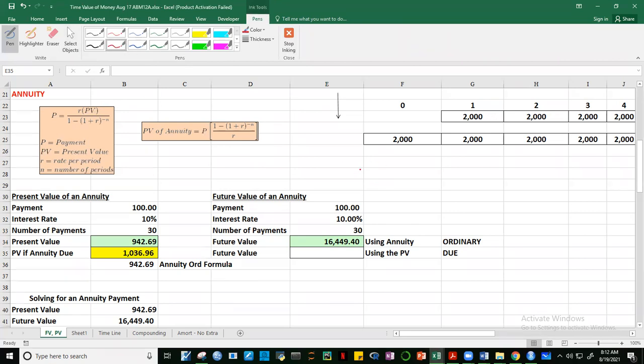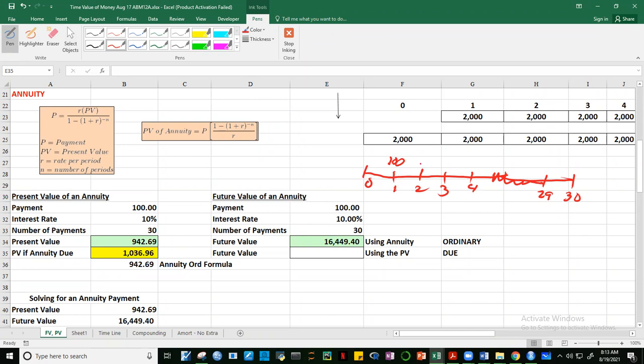So we're saying 0, 1, 2, 3, 4, 29, 30. So we have here an annuity of 100. Annuity ordinary siya, di ba? Kaya magsisimula yan at the end of the period, no?